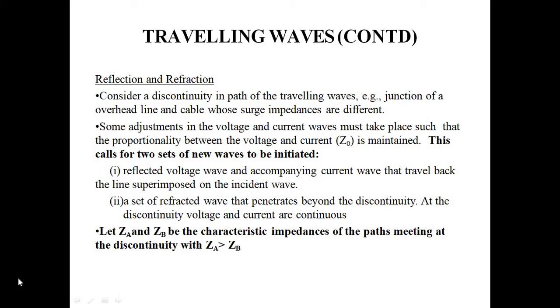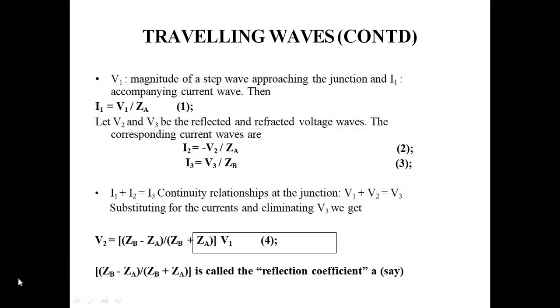Let ZA and ZB be the characteristic impedances of the paths meeting at the discontinuity, with ZA greater than ZB. V1 is the magnitude of the surge wave approaching the junction and I1 the accompanying current wave. Then I1 is equal to V1 divided by ZA.